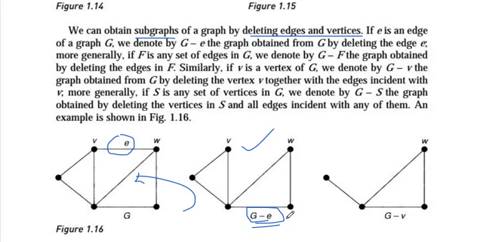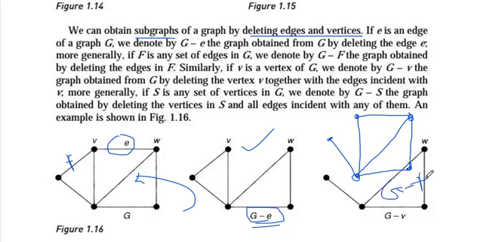So let's say this edge is F, and we have to remove edge F, so our new graph will become like this, and its graph is called G minus F. So if you delete any edges, then that graph name should be like this, G minus E.